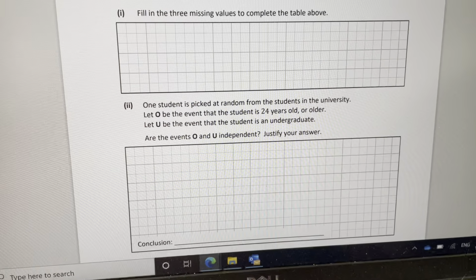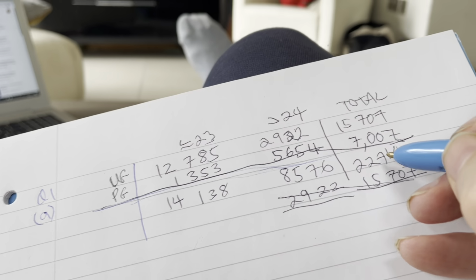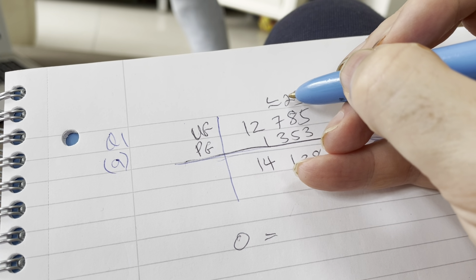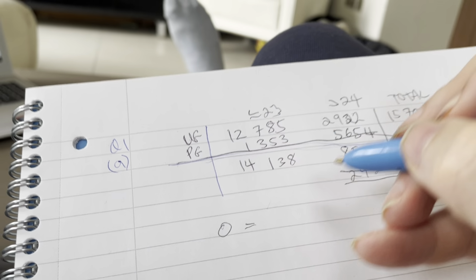Okay, one student picked at random from the students in the community. So the total of students in the community is this guy. Let O be the event that the student is 24 or older.